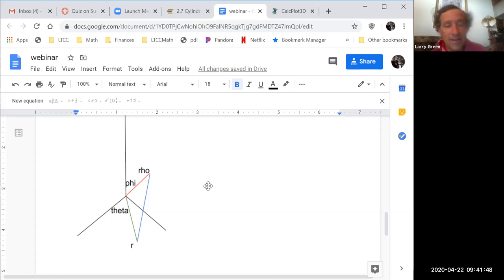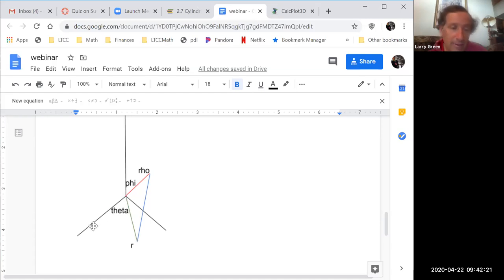The first thing is we're going to have our rho, and rho is the distance from the origin. The next thing is we can still use theta. Theta is not going to be anything different. Theta is defined in the same way we defined theta before: take your point, look at the shadow of that point onto the xy plane, and then look at the vector that goes from the origin to that shadow.